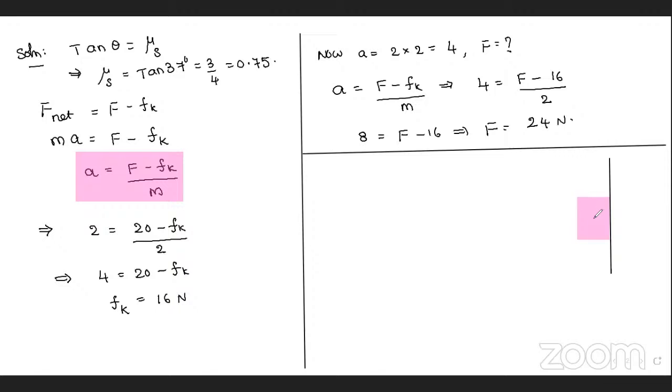Initially, as I already told, if you place it like this, because of weight it will surely fall down. So to keep it in contact, to generate the normal reaction, we have to apply some force like this. If you apply the force, it is immediately in contact with the surface and that will create the normal reaction. This is the direction of normal reaction.